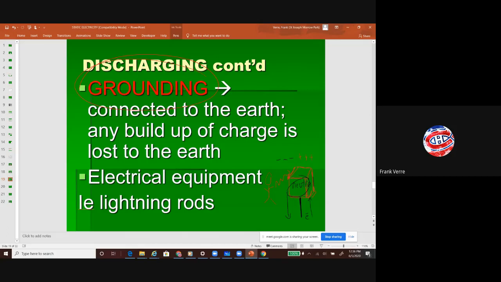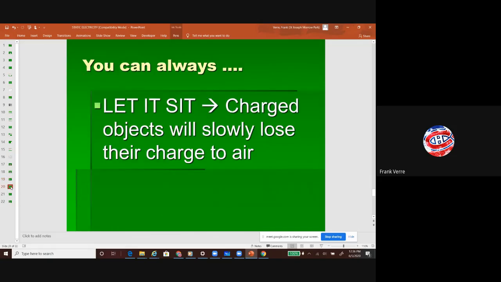Grounding is making things neutral by connecting them to the earth. So when there is a buildup of charge, that excess charge can move into the earth. This is how lightning rods work, by the way. Or you could just let it sit, but that would take a very, very long time, though that would also work.